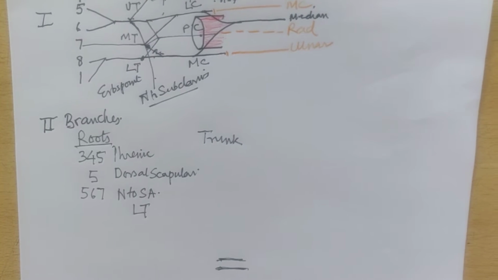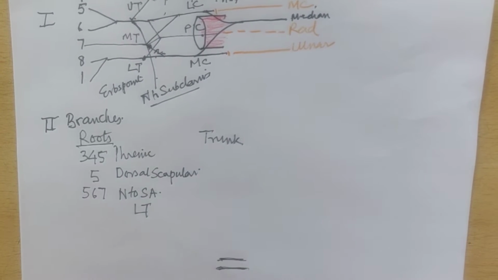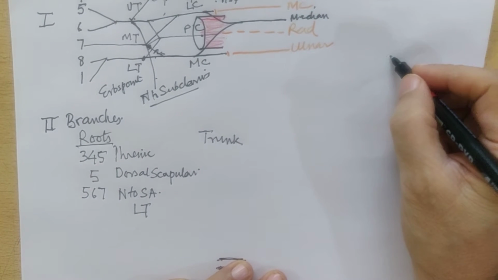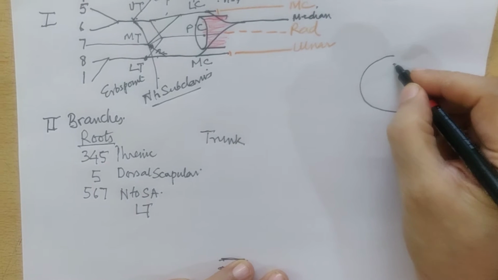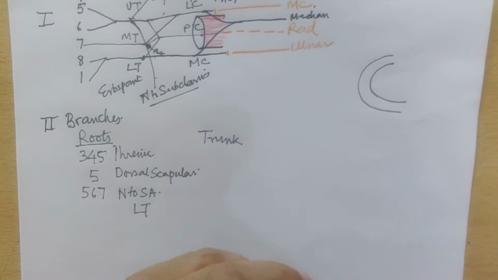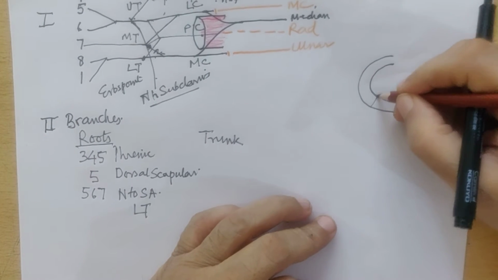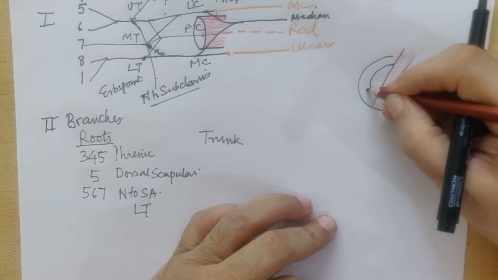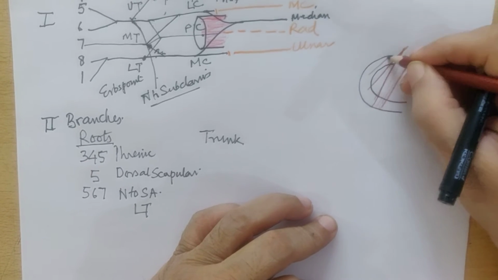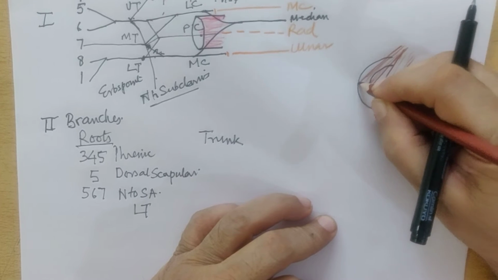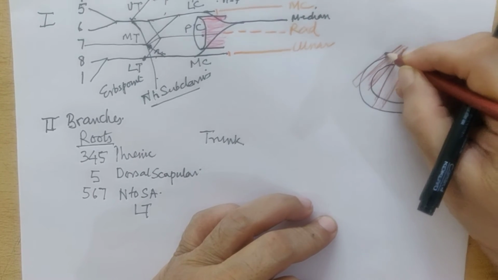The nerve to subclavius has got a peculiarity, and that peculiarity is that if this is the first rib, here you have the muscle which is the scalenus anterior, behind it you have the scalenus medius, and then the scalenus posterior which goes on to the second rib.